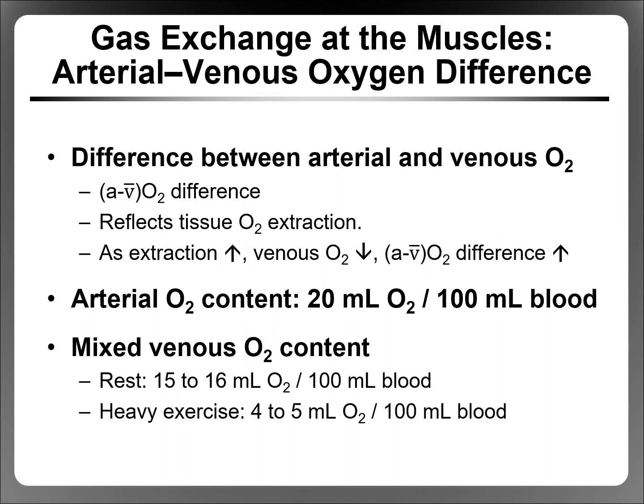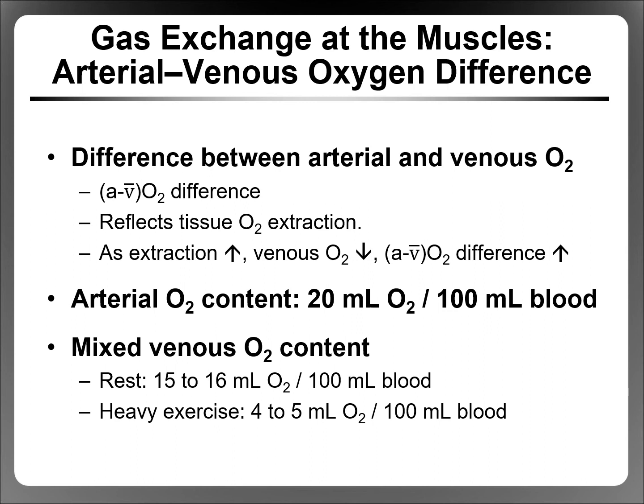Our arterial oxygen content typically is around 20 milliliters of oxygen per 100 milliliters of blood. And then our venous O2 content is actually going to be mixed with what oxygen wasn't offloaded. So at rest, this tends to be around 15 to 16 milliliters of oxygen per 100 milliliters.